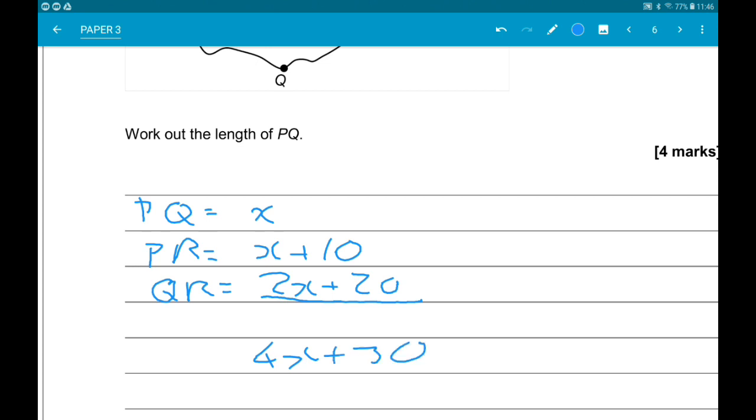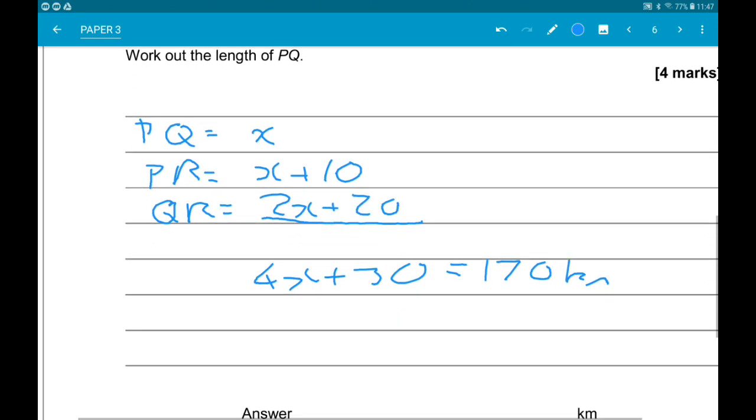And we know that together they are 170 kilometers. So we can now solve this for x. So 4x is 140.